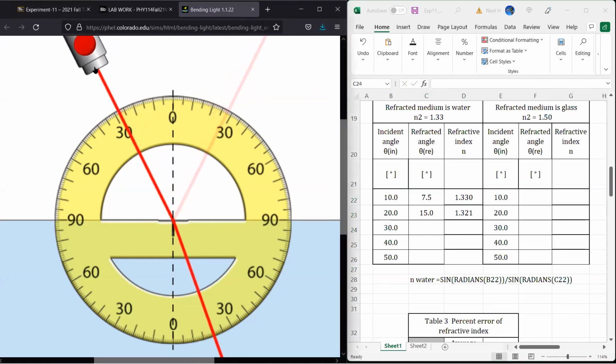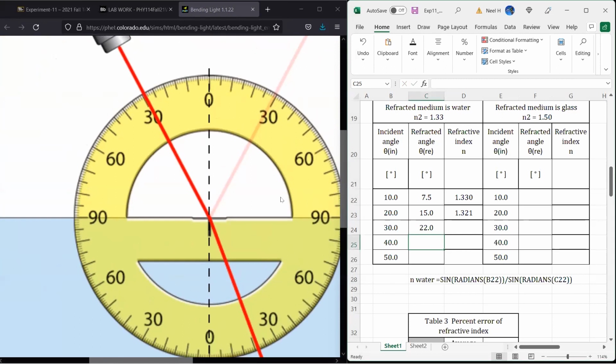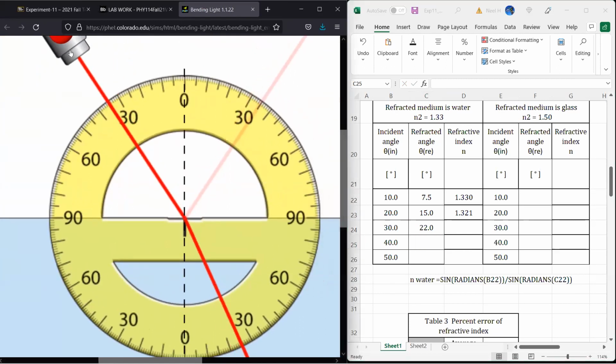Then let's check out a couple of different incident angles. How about 30? Incident angle 30, then the refracted angle is around 22. And then so on. You can check maybe two more incident angle values.